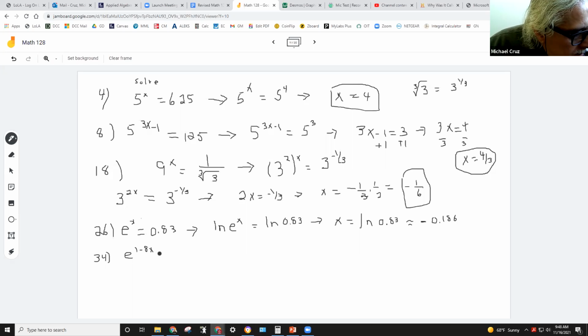e to the 1 minus 8x is equal to 79. Again, we're going to do the ln to get that outside, to get that out.